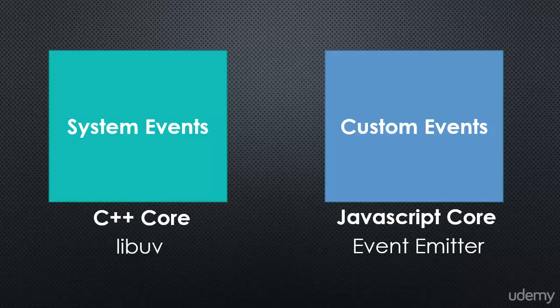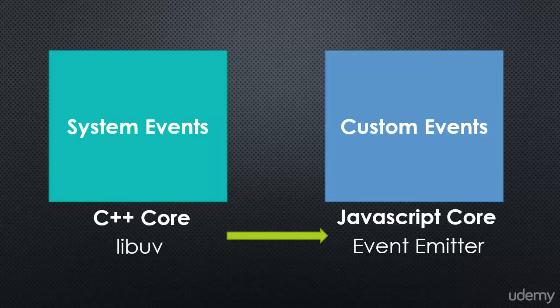And libuv, which you never really see when you're building Node.js apps, is sending events that are happening inside the computer system, lower level, closer to the machine. However, we often get confused because, remember, the JavaScript code often wraps calls to the C++ side of Node.